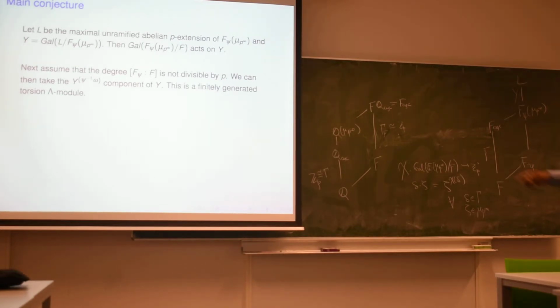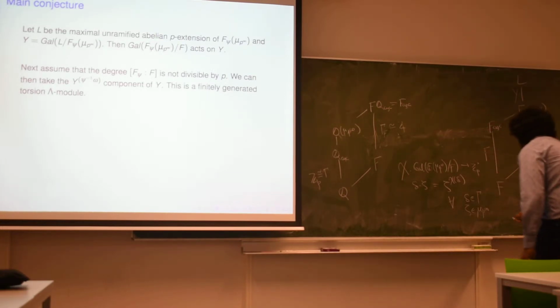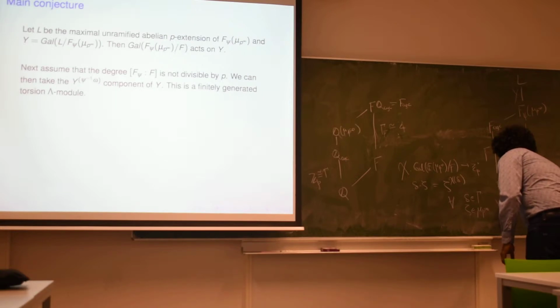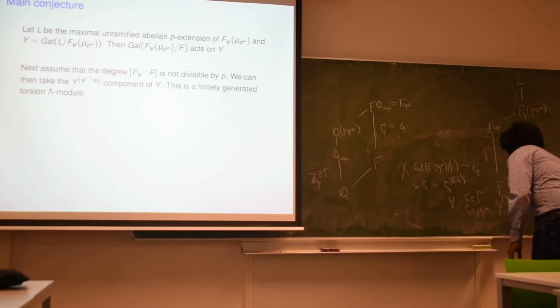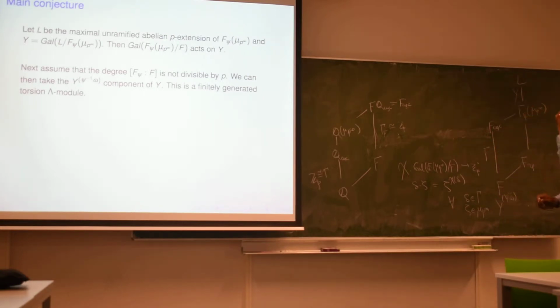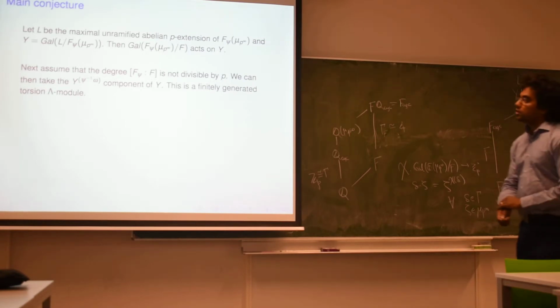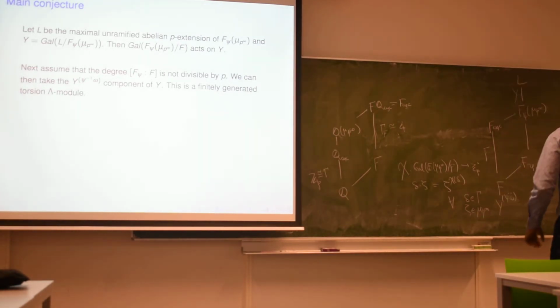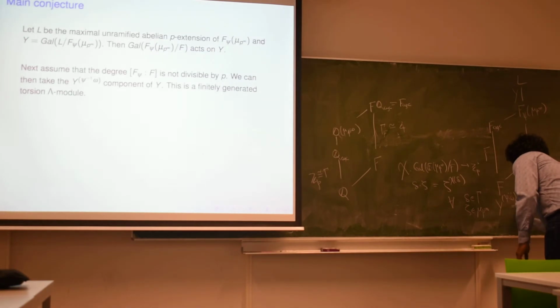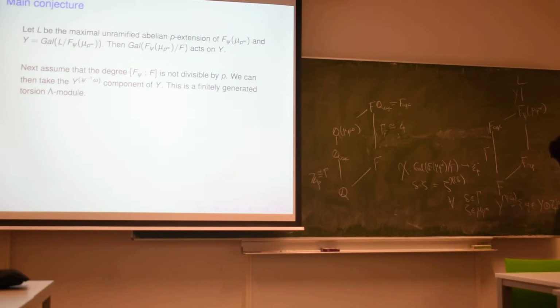Then the order of this group is a unit in Z_p, and I can again take this Y, the psi inverse omega component. Maybe I have to tensor it with Z_p psi.